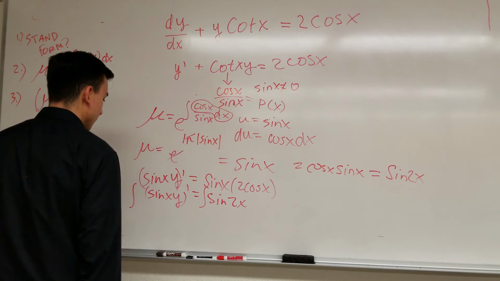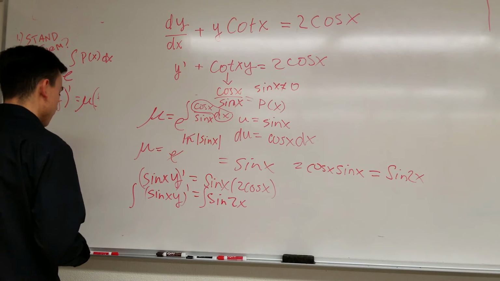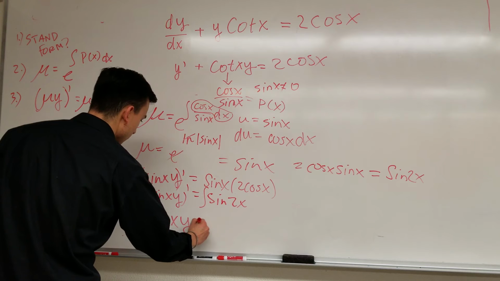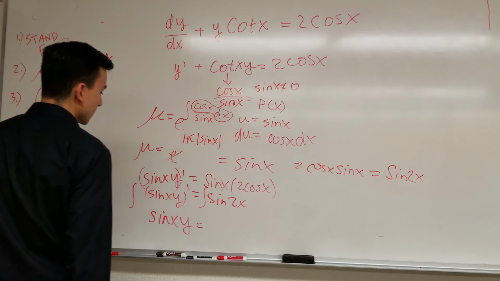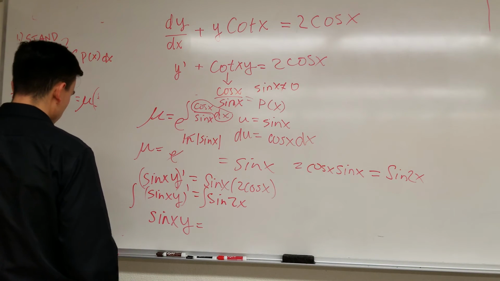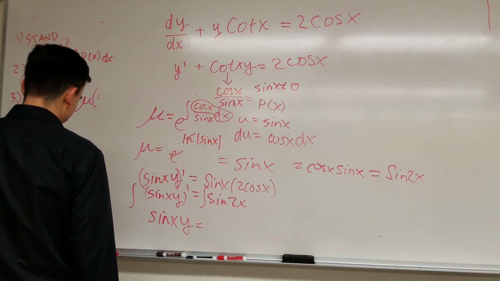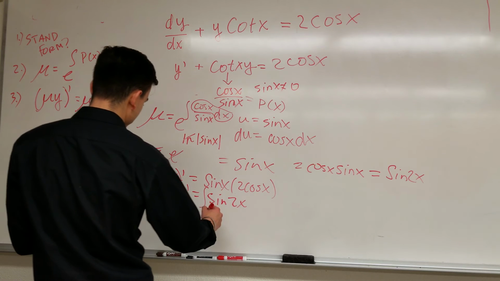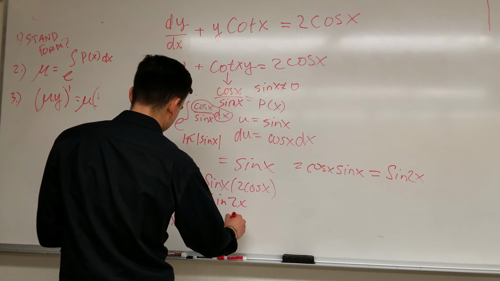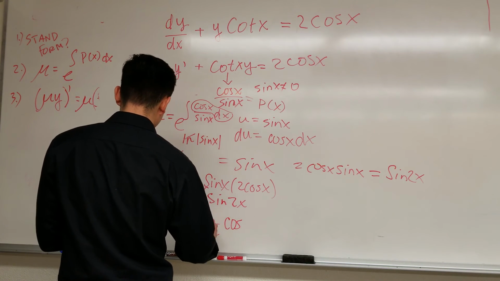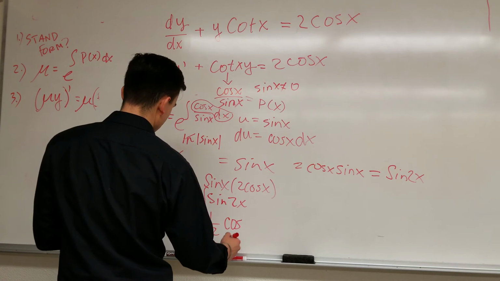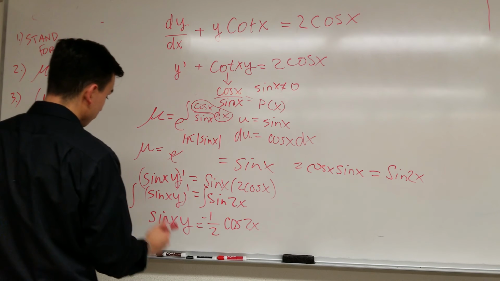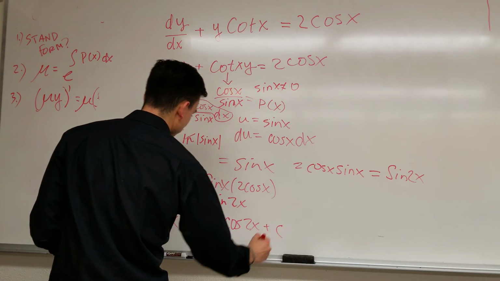Take the integral of both sides. Great. Now I'm just going to get sine of x y equal to the integral of that, which is negative 1/2 cosine 2x plus c. Can't forget about that.